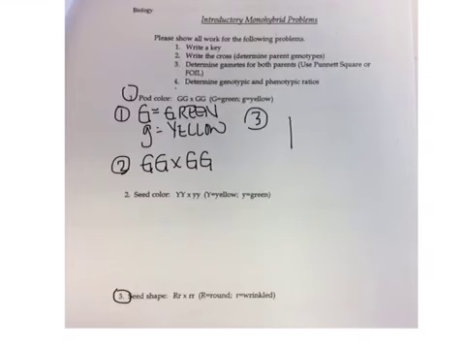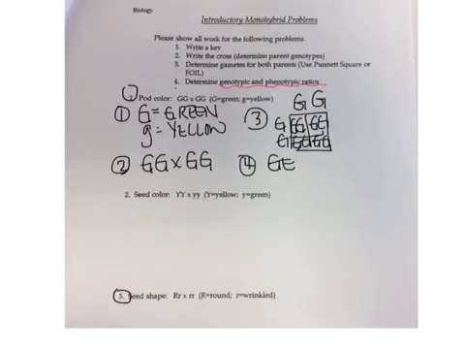Next, we do our Punnett square. Big G across the top and down the side. Match up your letters. This will be one of the easiest problems you ever do. And then, if we look up here, it tells us they want genotypic and phenotypic ratios. So for this problem, you just need to tell me genos and the phenos.